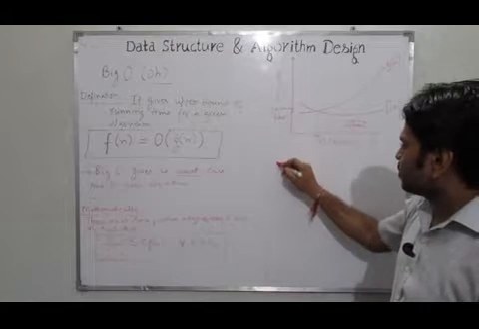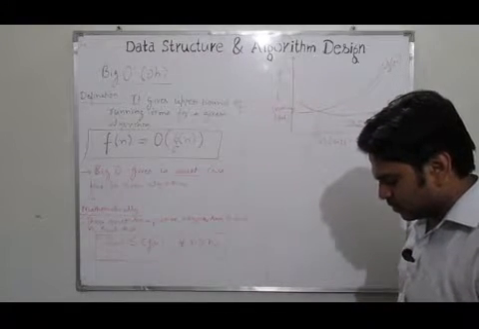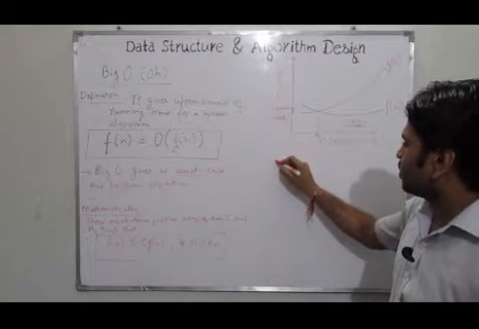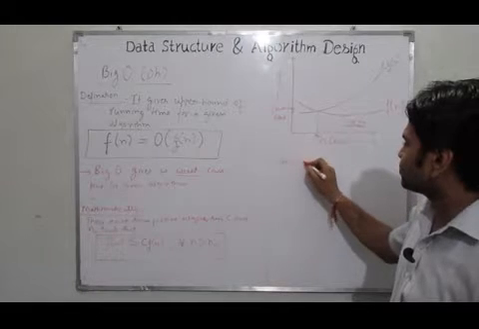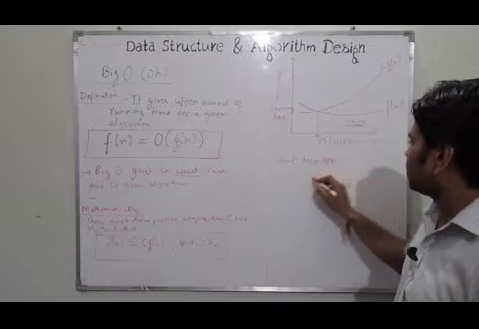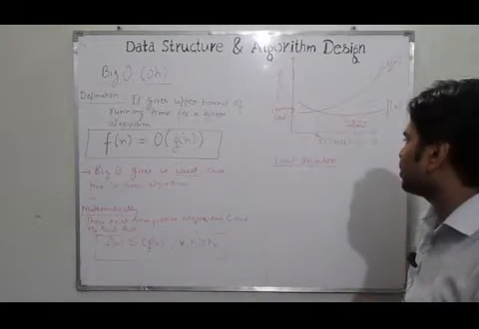We can also solve the problem through big O using the limit definition. We can also give the limit definition for big O asymptotic notation.